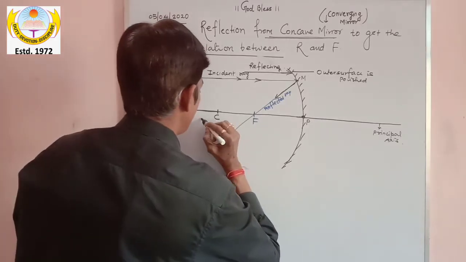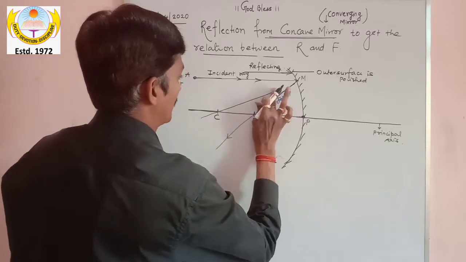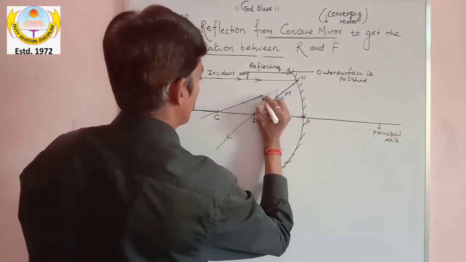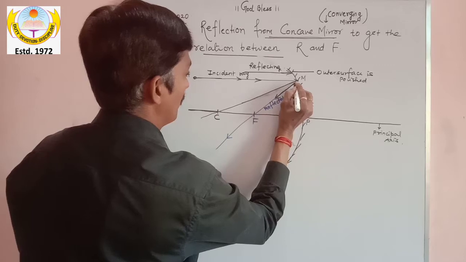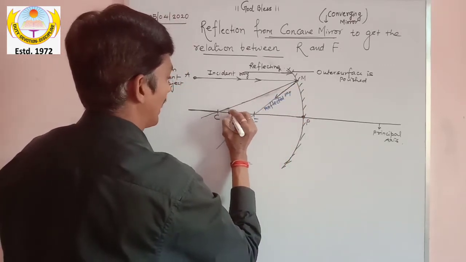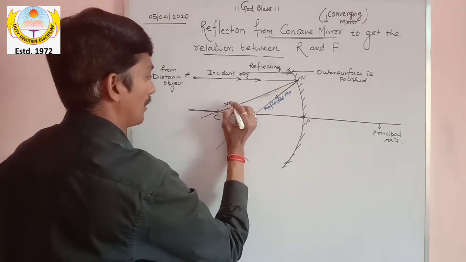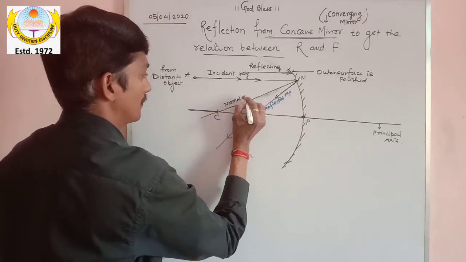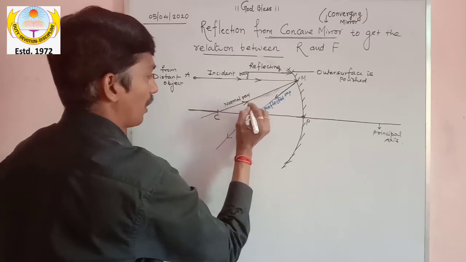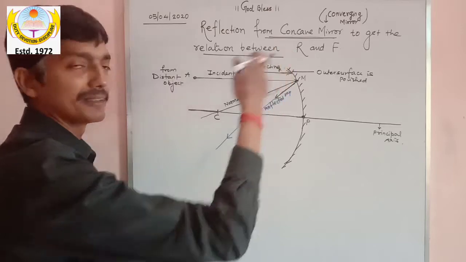This is the ray passing through the center of curvature, and it is incident at point M. Now my dear, this ray passing through the center of curvature is called the normal ray, and it will be incident at point M and it will reflect back along the same path.